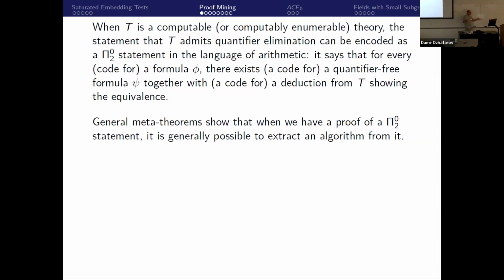And there are these abstract results from proof theory that say, if you have not just the fact that a Pi_2 sentence is true, but if you have a proof of that, then that proof has to contain an output. And this is just generally true, that if you prove a Pi_2 statement in the language of arithmetic, if you prove that a computable function is total, you have to have given an output somewhere.